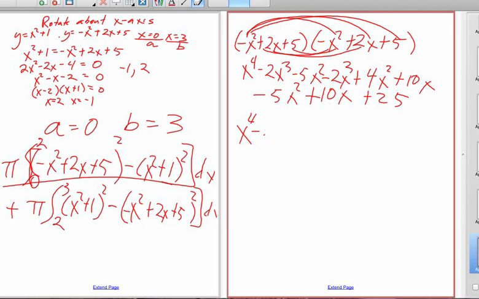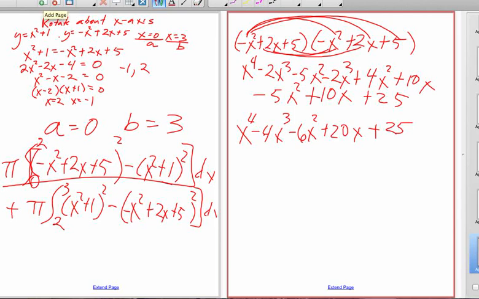So I've got an x to the 4th minus 4x cubed minus 6x squared plus 20x plus 25. And we're going to want to keep that, that's our square.